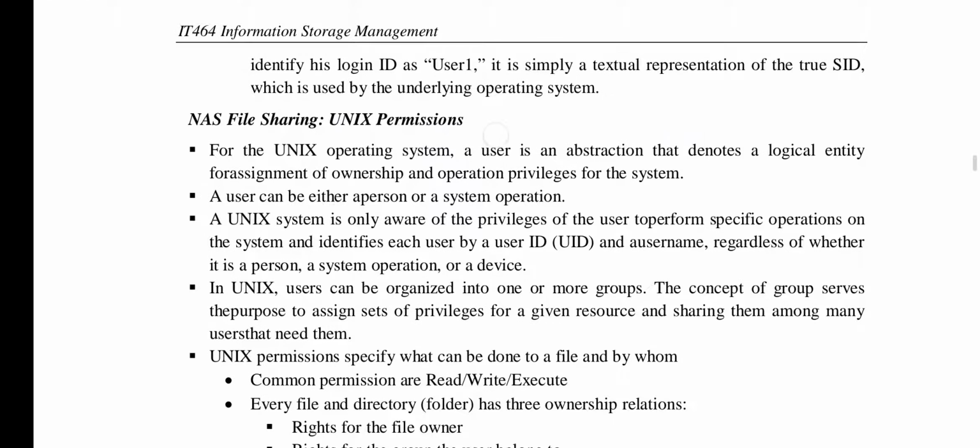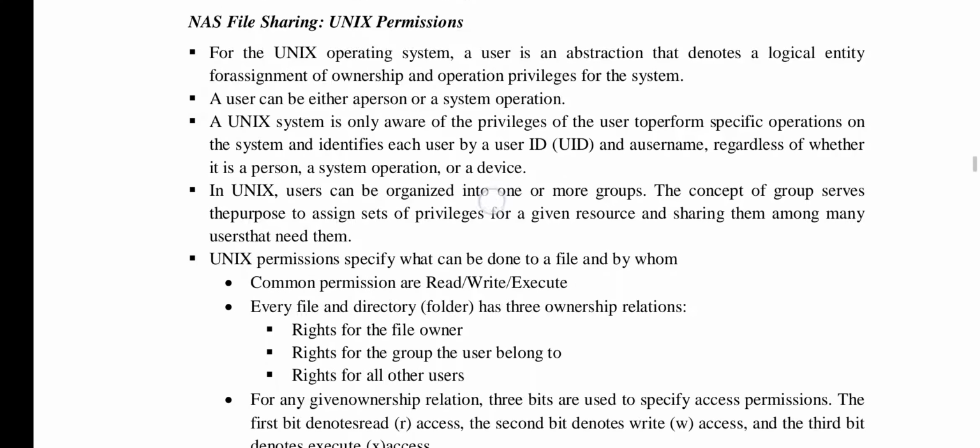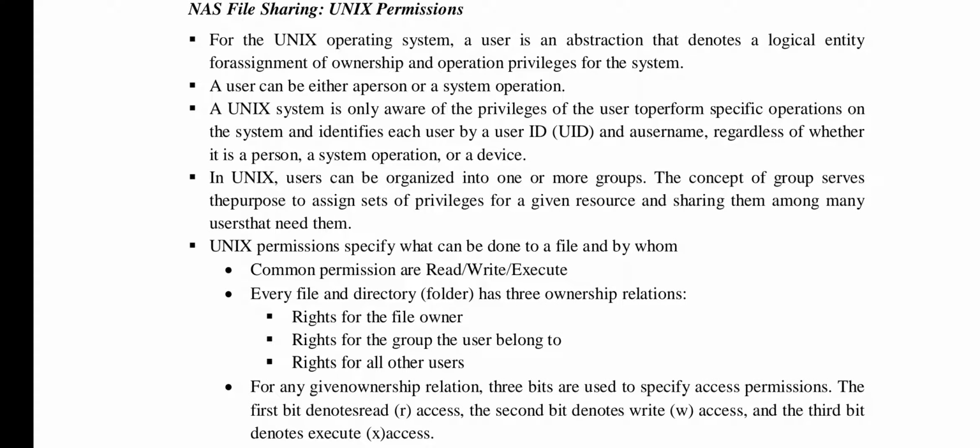Now in case of Unix permissions, in Unix a user is an abstraction, a logical identity for any kind of ownership and the privilege of the operation. So the user can be a person or a system operation. Here too there will be user IDs and user names, regardless of whether it is a person, system or device.